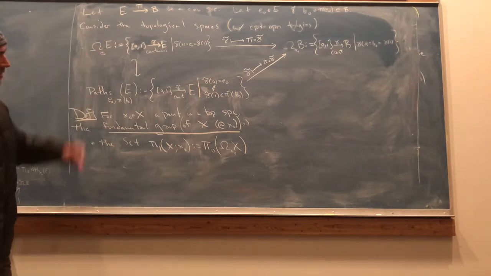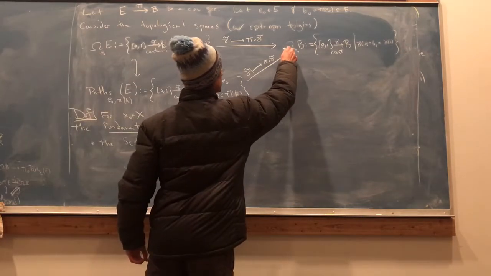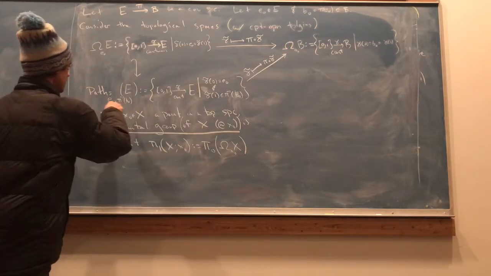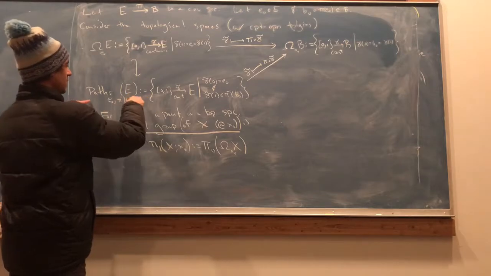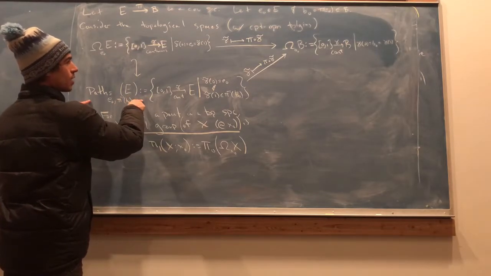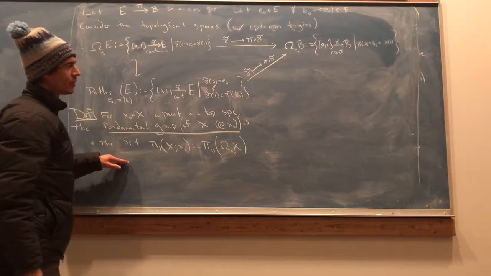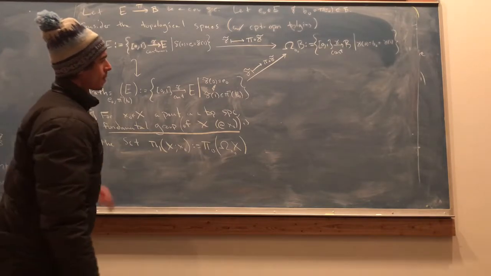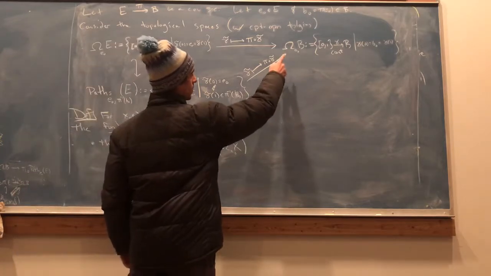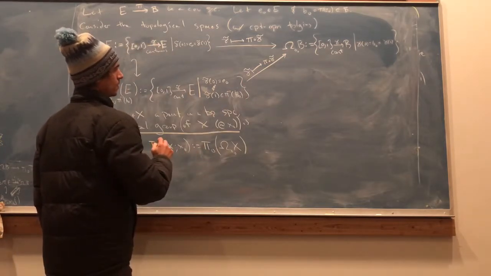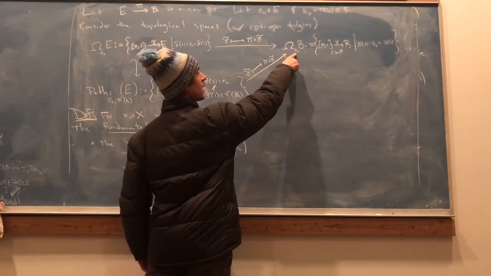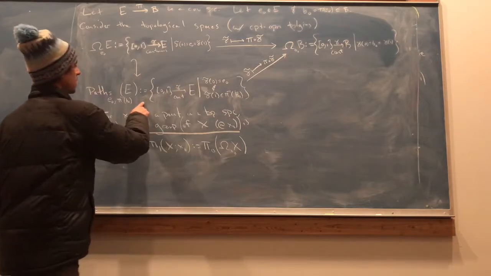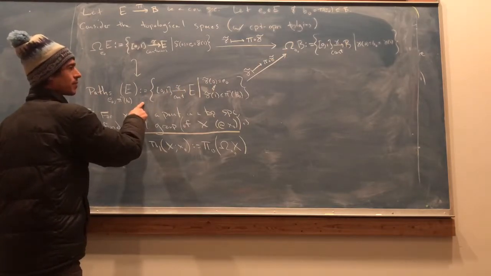But what we just finished establishing is, in fact, every element in here determines, by unique path lifting, an element of here. And furthermore, once we have the unique homotopy lifting property, given two homotopic loops in B, the resulting paths will be homotopic.